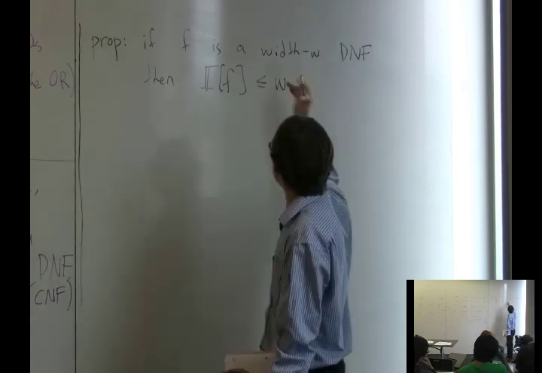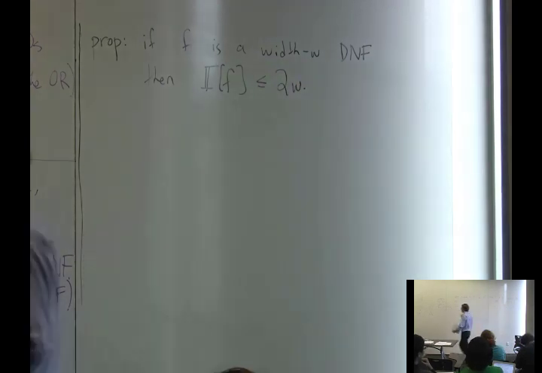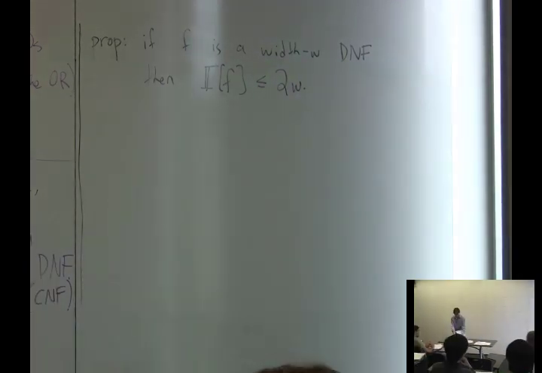Sorry, well, actually that's true, but let me write 2w. And if you want a concrete w to keep in mind, like a reasonable width parameter, as we'll see later, is something like log n. OK, that's a common choice. So this is a pretty good bound on the total influence.